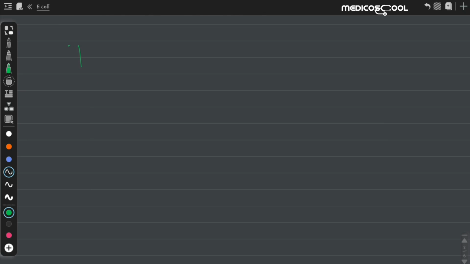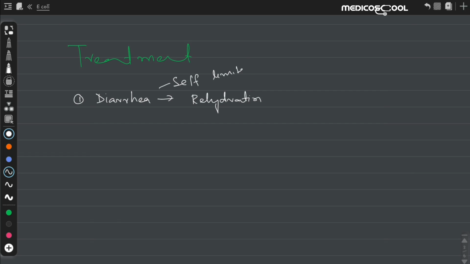Now coming towards the treatment: how do we treat, and what are the drugs of choice for the diseases caused by Escherichia coli? The first one is diarrhea. We do not usually use any kind of antibiotic, because watery diarrhea is mostly self-limited. So we mostly concentrate on rehydration.